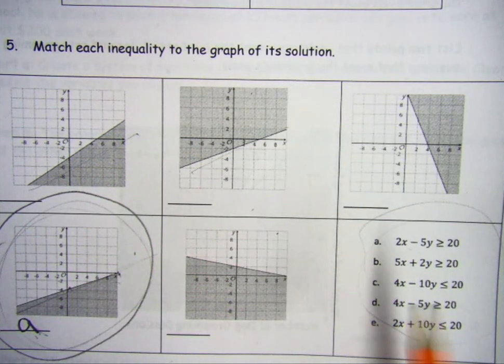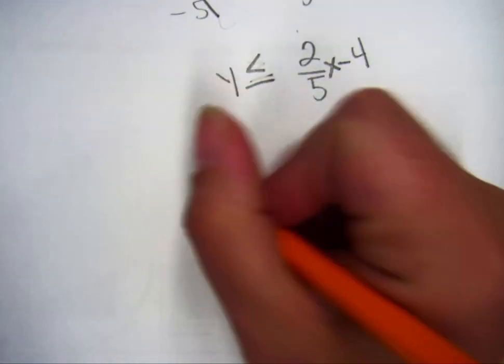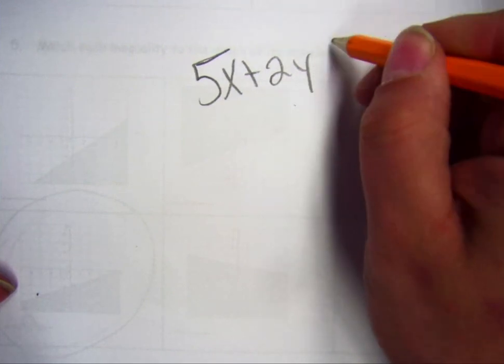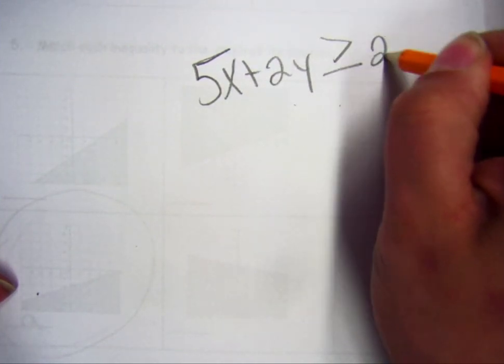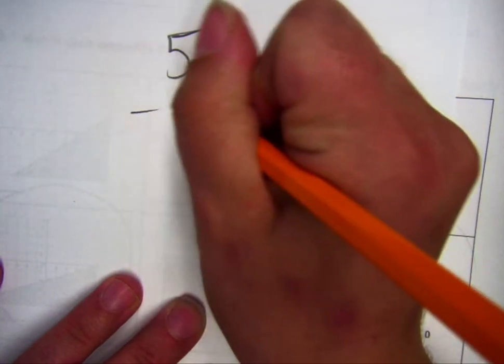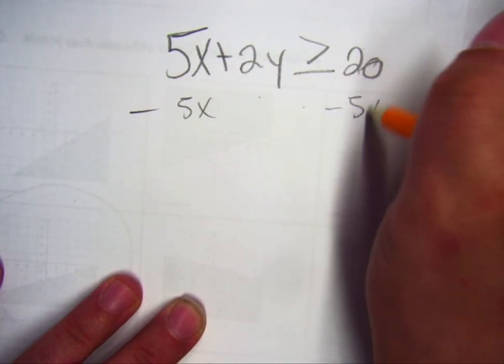So I'm going to look at the next one. 5x plus 2y is greater than or equal to 20. Minus 5x, minus 5x.